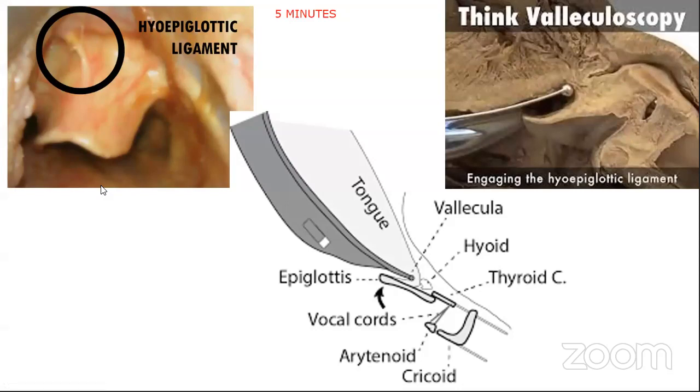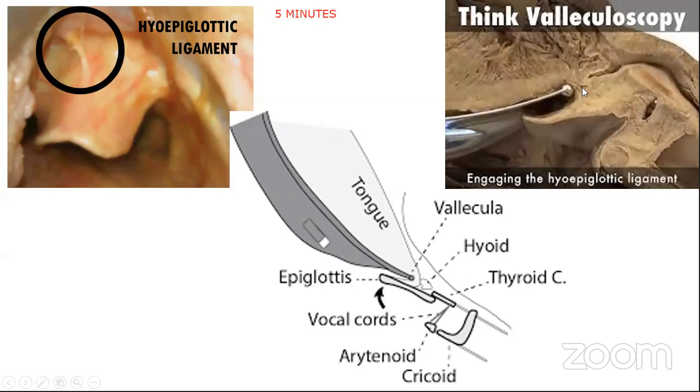So it's like moving a marionette. When you want to move an arm of a marionette, you don't move the arm itself. You pull the string attached to the arm. This is the same principle. When you want to move the epiglottis and raise it upwards, you just press on the hyoepiglottic ligament.